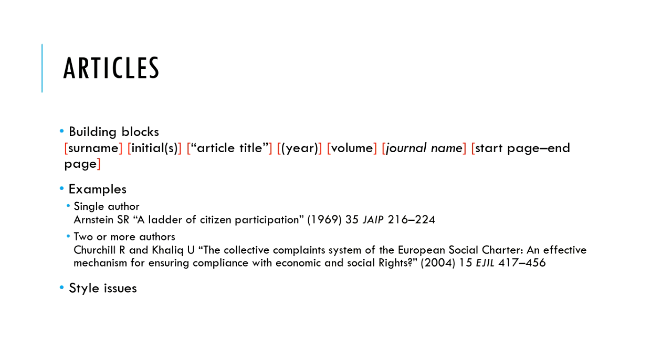However, you should include the issue number or the part number after the volume number in a round bracket if each respective issue of that volume or each respective part of that volume again starts on page 1.